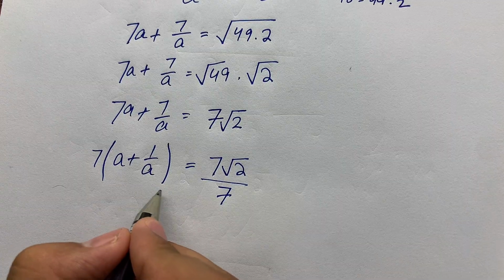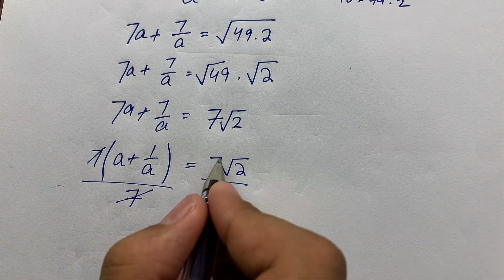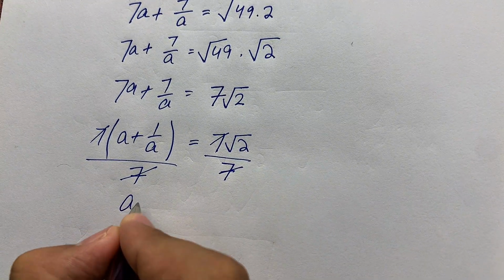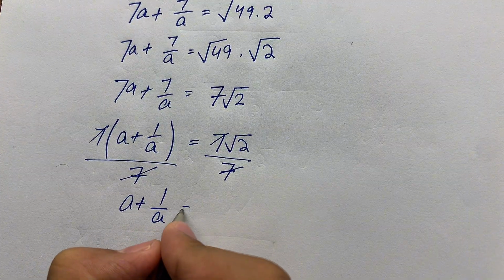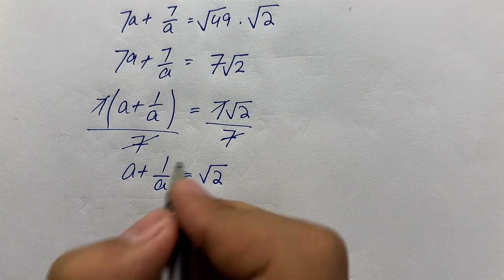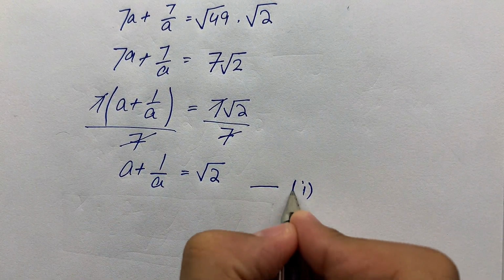This 7 cut by this 7, remain a plus 1 divided by a is equal to under root of 2. That is equation number 1.